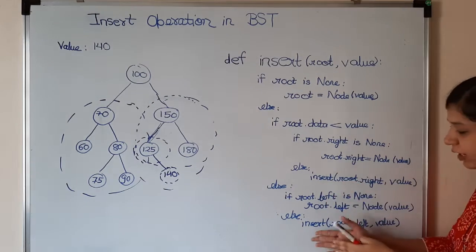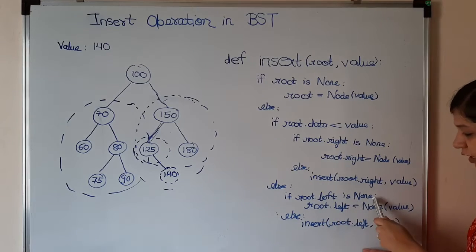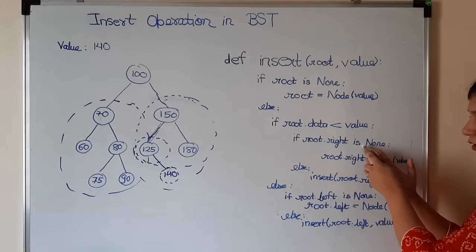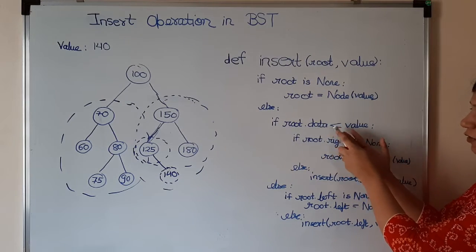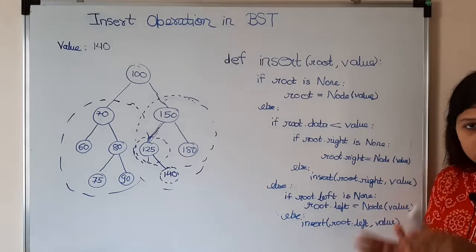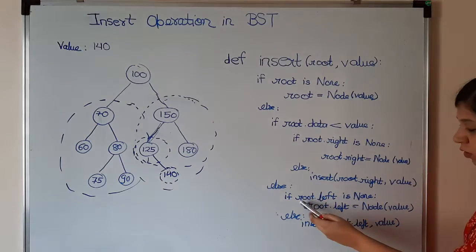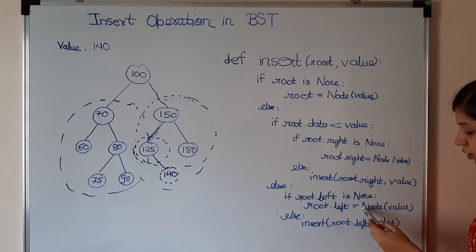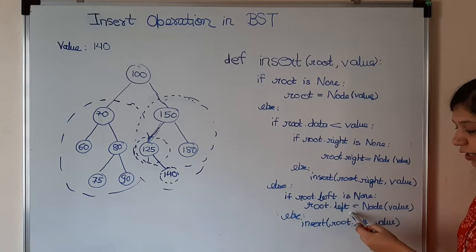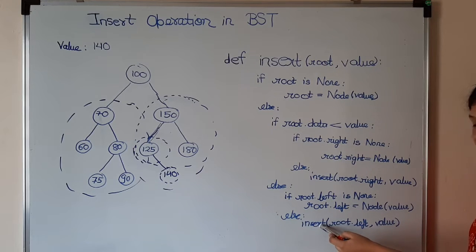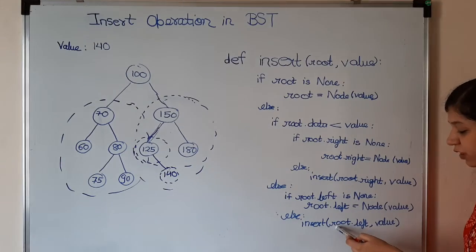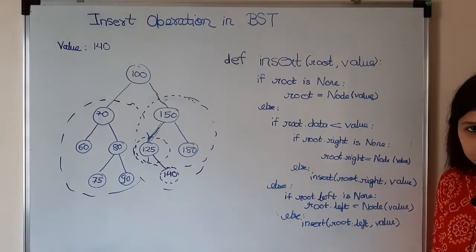And similarly for the left hand side, if root dot left is none where you want to insert, if you compared, right, and during the comparison if root dot data is greater, it means the value is smaller, it needs to be inserted in the left subtree. So in that case you will come here, if root dot left is none, you will insert the new node's reference in root dot left, else you will call the insert method with root dot left comma value.